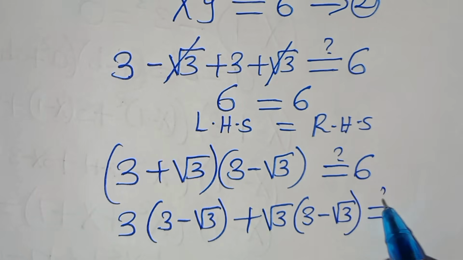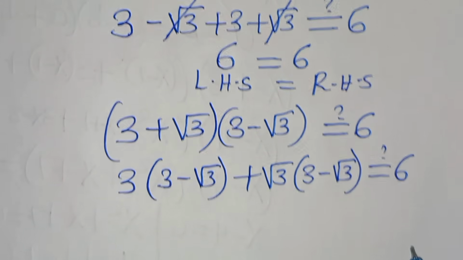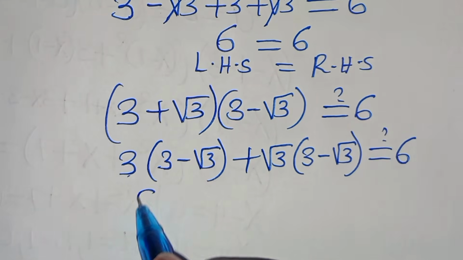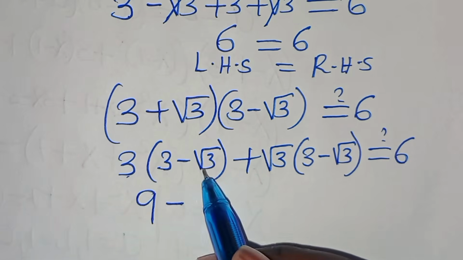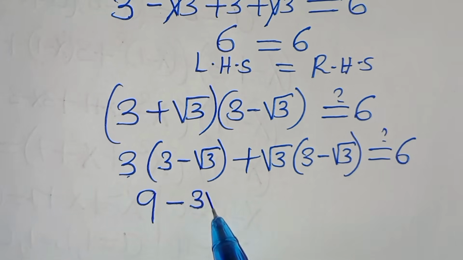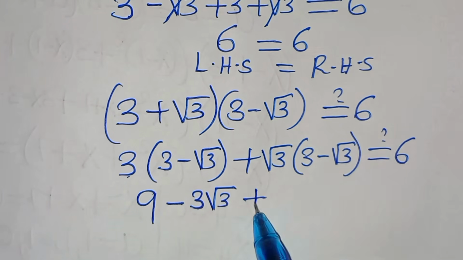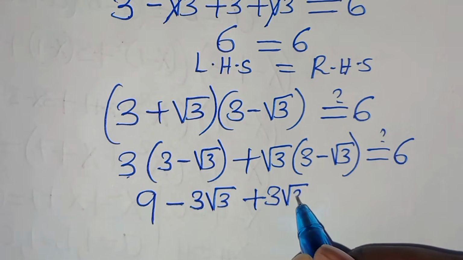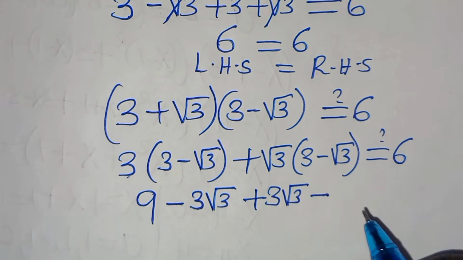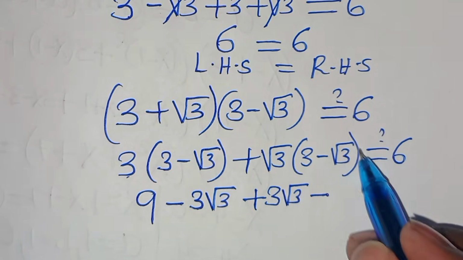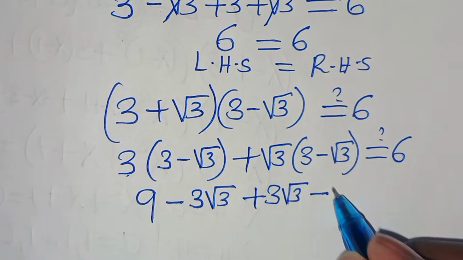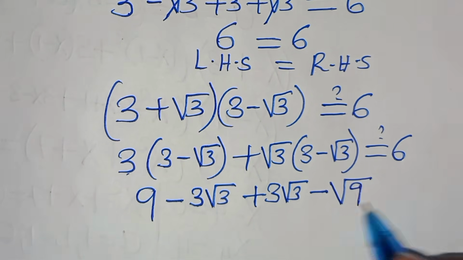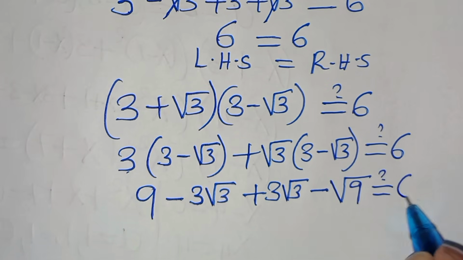So 3 times 3 is 9, minus 3 times square root of 3, this is 3 square root of 3, then plus square root of 3 times 3, this is 3 square root of 3, then minus square root of 3 times square root of 3, this is square root of 9.